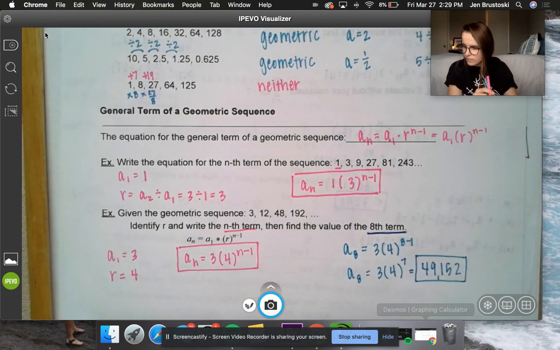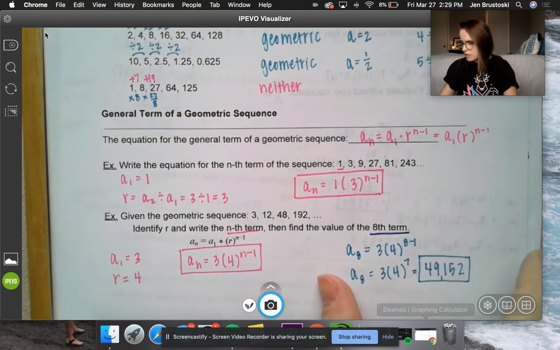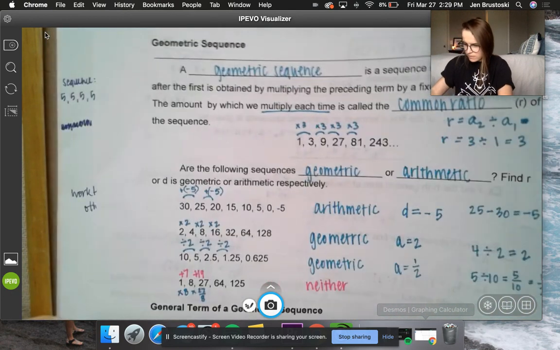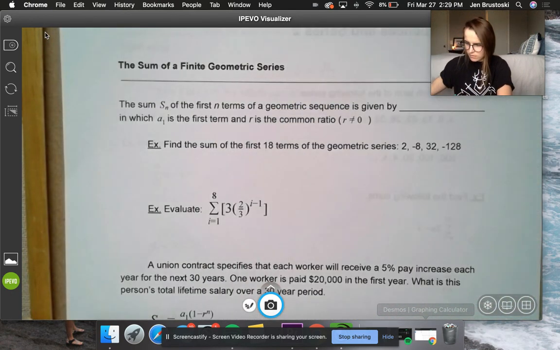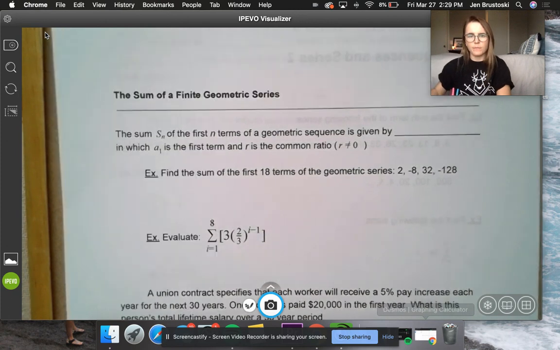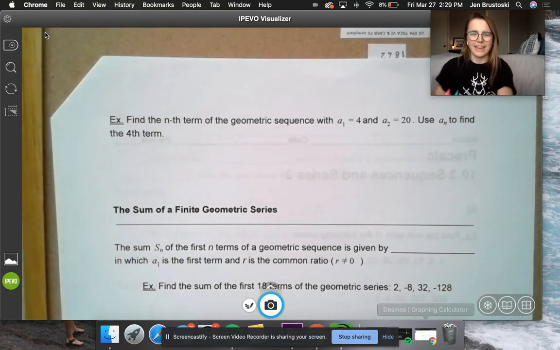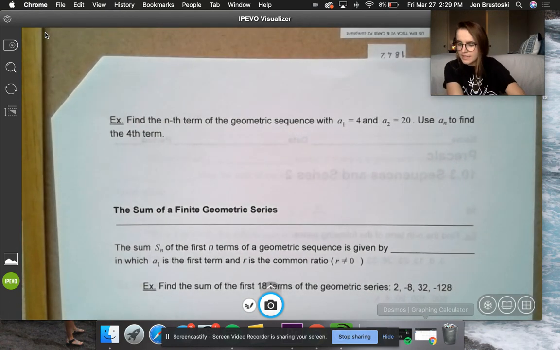Moving on to the next page here, if I can find it. Yep, that's right. Okay, so we're finding the nth term of the geometric sequence with a sub 1 equals 4 and a sub 2 equals 20.